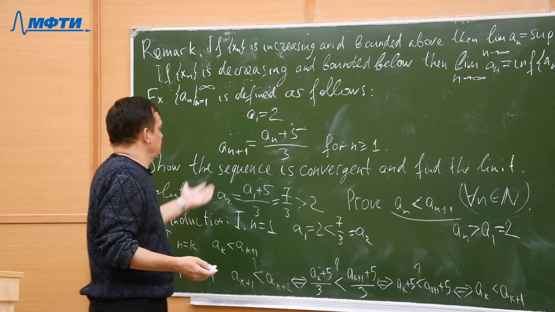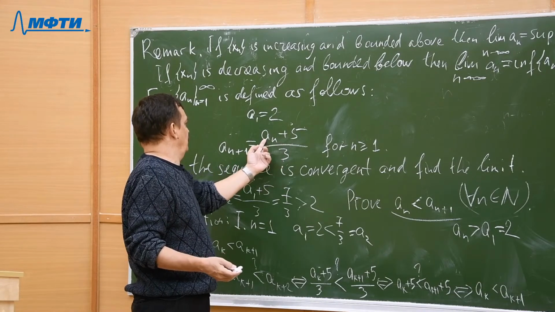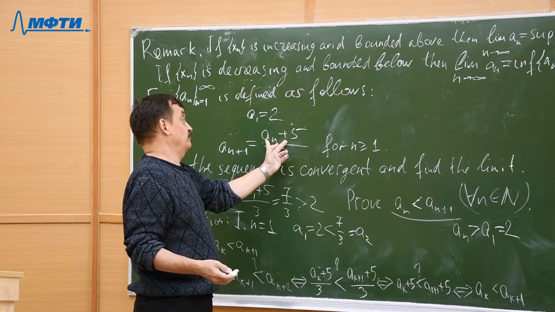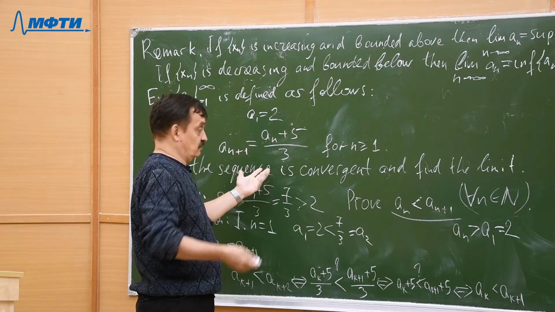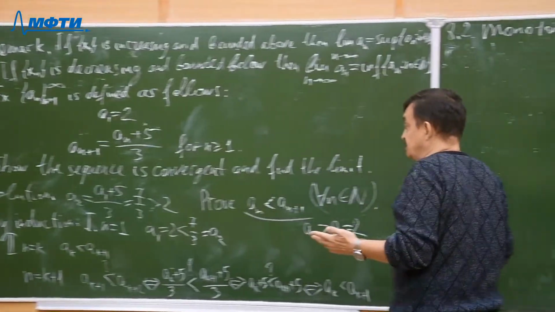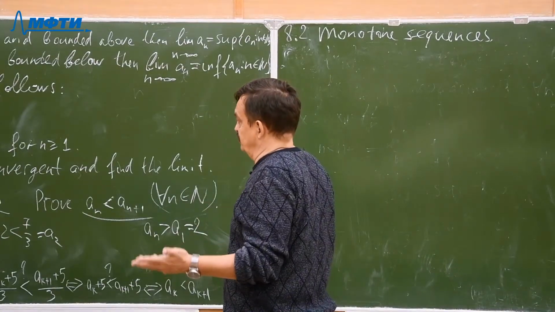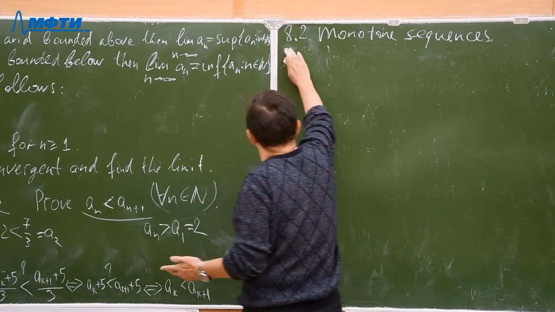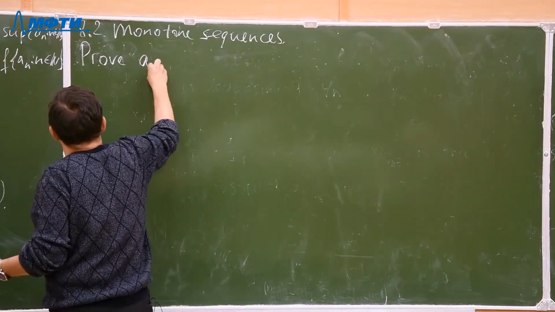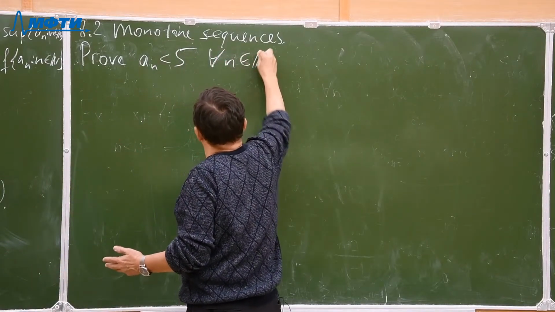So, what is the upper bound? Look, when you add two numbers, one of them less than 5, and then divide by 3, the result is for sure smaller than 5, right? So let us prove an less than 5 for all natural n.